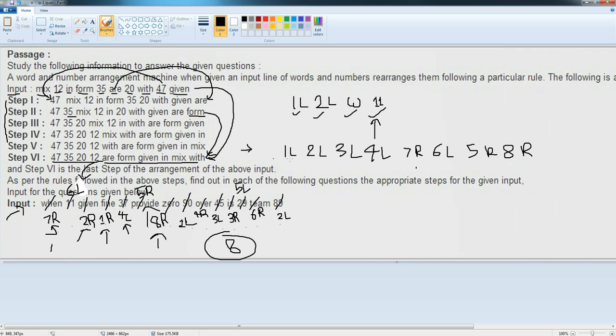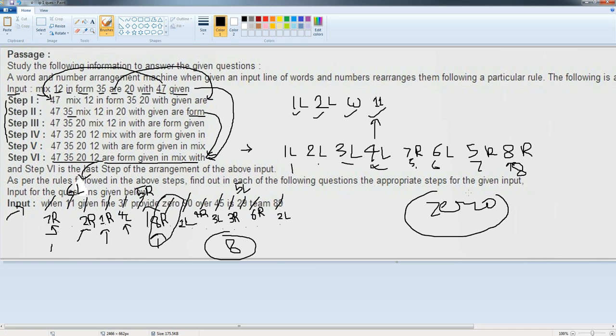I suppose we have 8 elements from left: 1, 2, 3, 4, 5, 6, 7 and 8, and the 8th element is 8R, and 8R is 0. You see, 8R is 0, so according to us the answer for the 8th element from left in step 4 is 0.